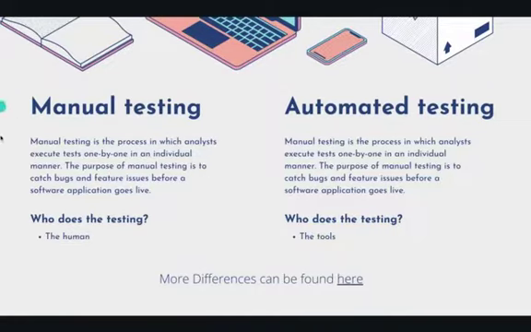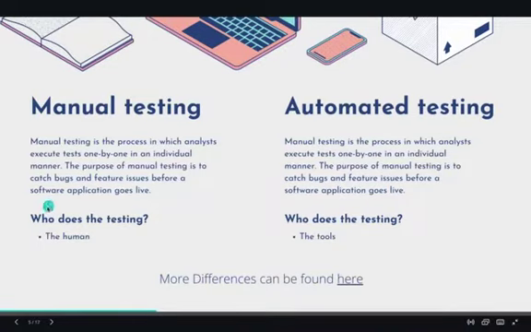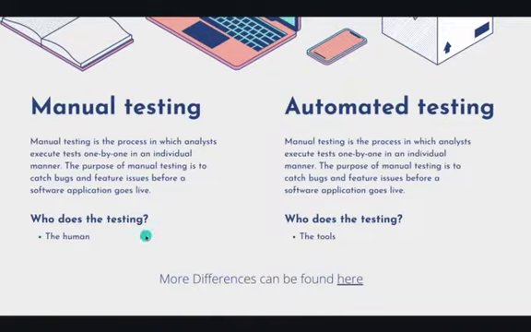How can we distinguish between this and automated testing? We can ask ourselves who is doing the testing. If the human is doing the testing, this can be considered manual testing. The other testing type is automated testing, which is basically a human using tools, and these tools will perform the testings.